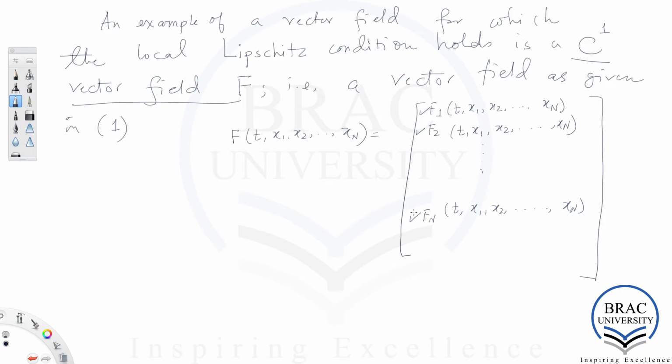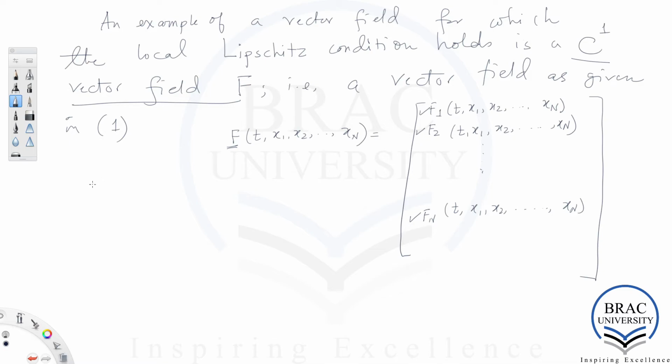For F to be a C1 vector field, we want the partial derivatives of all these component functions to exist and to be continuous.